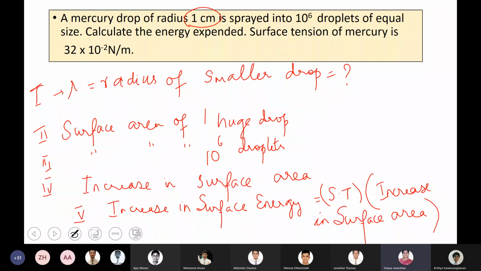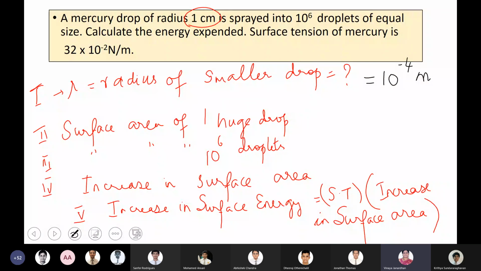Samuel, did you start finding the radius of the smaller drop? So what is the value of the radius of the smaller drop? Ma'am, is it 10 to the power of minus 4 meter? 10 to the power of minus 4, correct. How did you arrive at it?